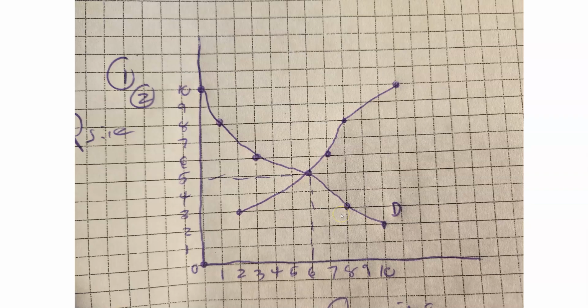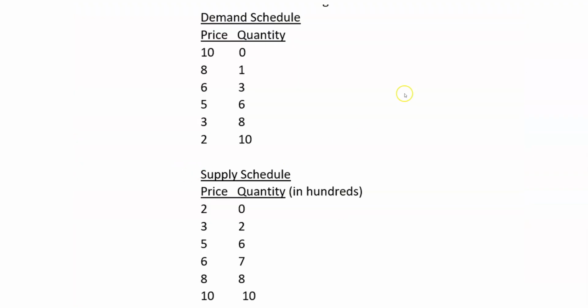But here's an easier way for you. If you want to know what the equilibrium quantity is, you see a 5 and a 6 here, and you see a 5 and a 6 here. So if you see those matching sets of numbers on both schedules, that is the equilibrium price and equilibrium quantity. And then they put in a price control of $3. Well, you see here, at $3 people are going to want 8.